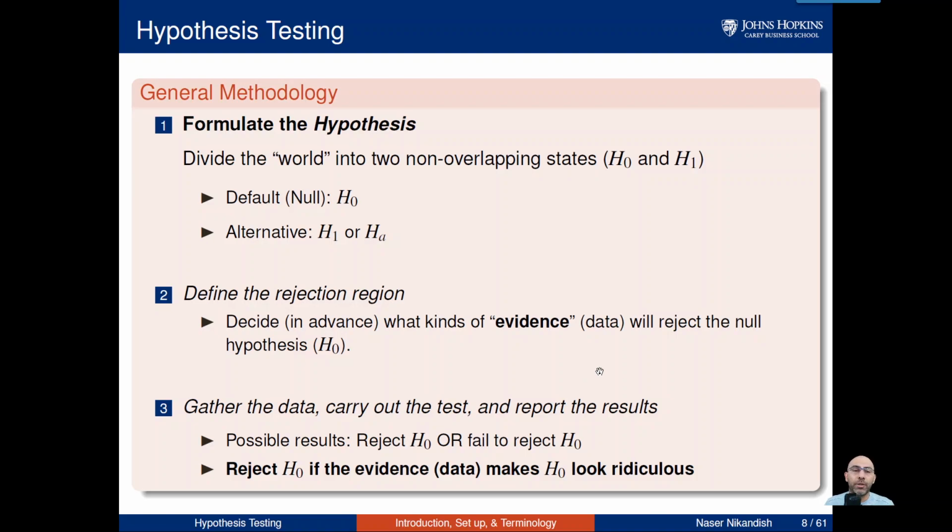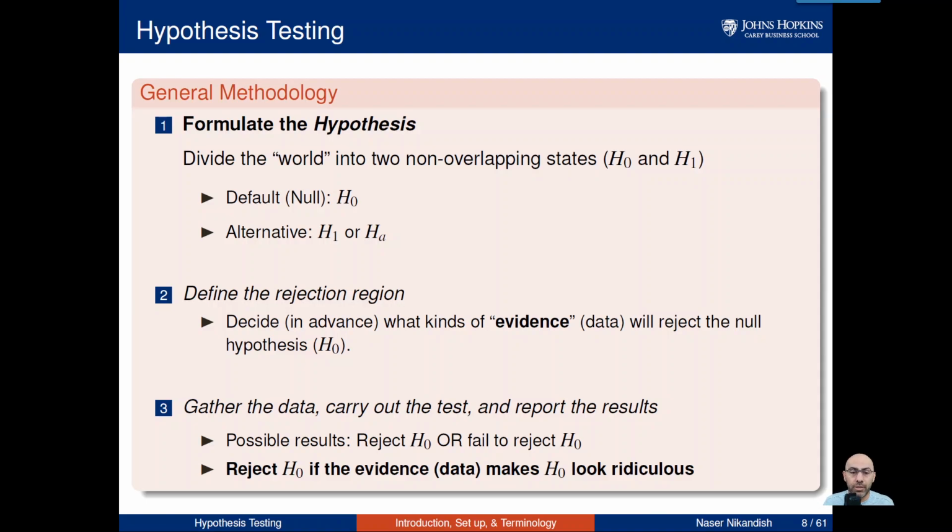We are going to formulate a hypothesis. When I say formulate a hypothesis, we are going to divide the whole world into two pieces. One piece we are going to call the null hypothesis, or H0. Another piece we are going to call HA, the alternative hypothesis, or H1. This is our approach to hypothesis testing.